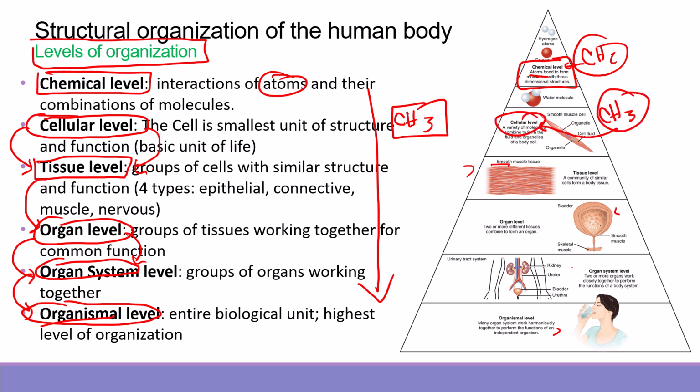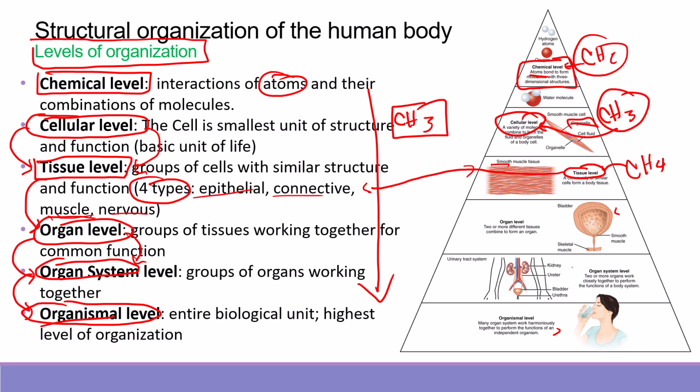So here we're going to learn the details about the cells, what the organelles are, what the fluid is, what the functions of each organelle are, etc. In chapter 4, we're going to learn the details about the tissues, and you already learned some of these things, which is that the four major tissues in the body are epithelial, connective, nervous, and muscle tissue.